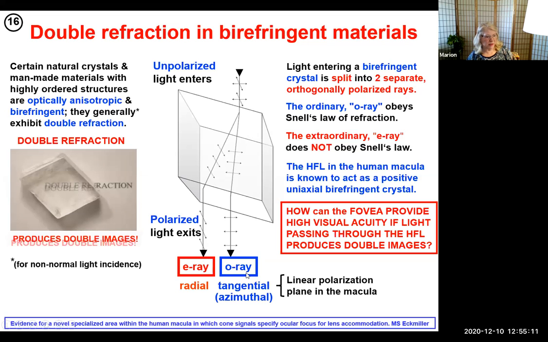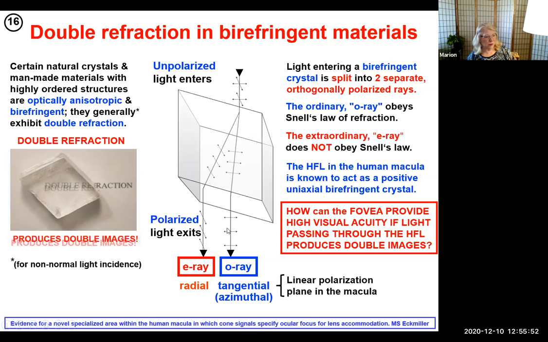It obeys Snell's law of refraction, and it does not change its direction if it is traveling along the crystal axis of this crystal, the optical axis. The other ray, it's a 50-50 deal, half of the amplitude of that light becomes an extraordinary ray, an E ray, which does not obey Snell's law. So it will get refracted.